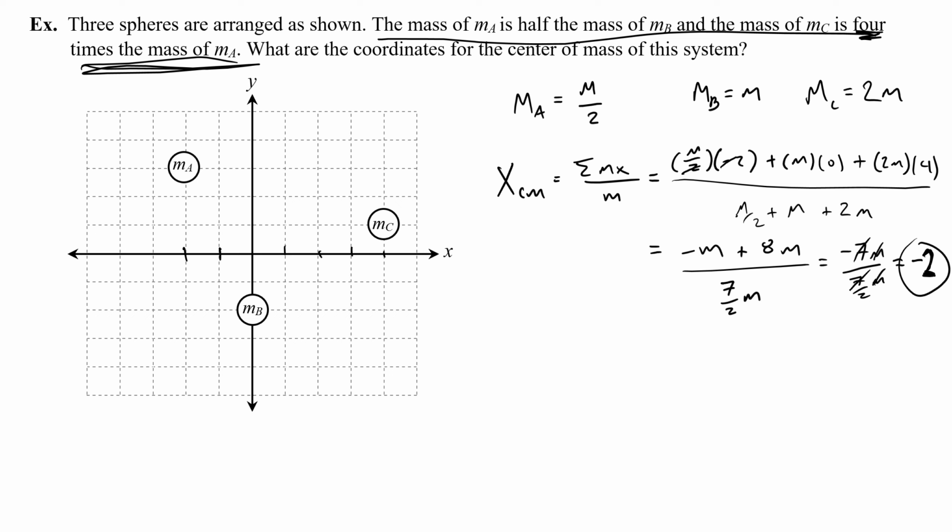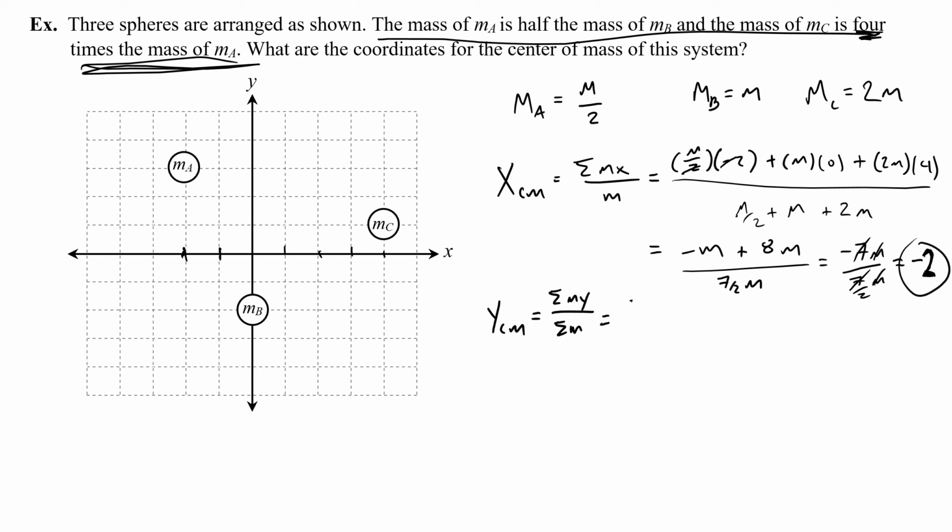Man, that was a lot of math, but we did it. Good job. Go you. Okay, so somewhere over here is going to be the location of the center of mass. Well, how do I find the y-coordinate? Well, you may have already guessed it. You just do the same thing, but you use y's instead of x's. Oh, good. Okay, so we're going to run out of room here. So what do we have for the y's?